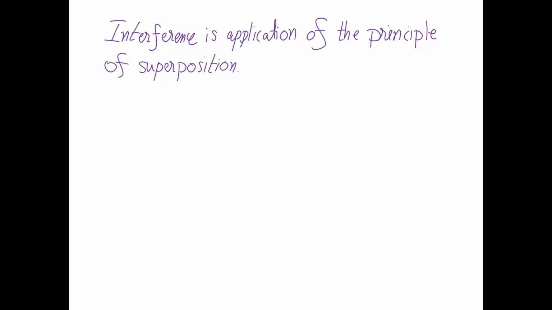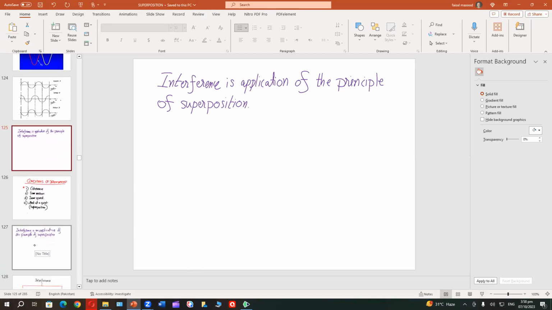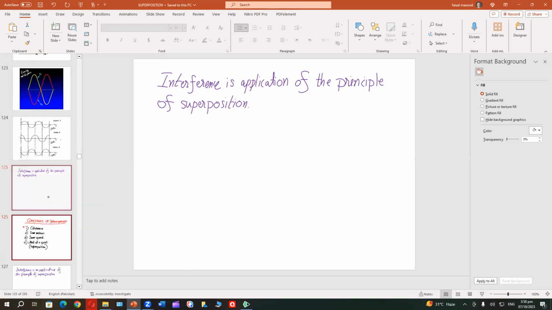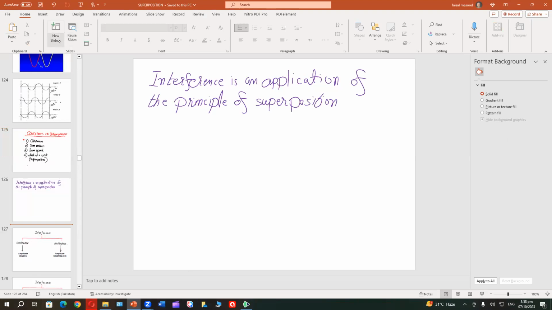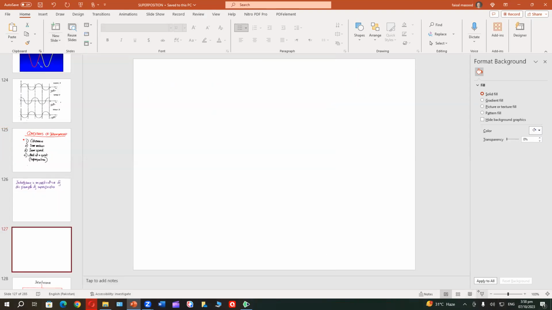So they actually do not meet until they are superimposed. If the waves are of different sizes, superposition is not possible. So look at these two signals. I draw two signals. One is this, and second is this.